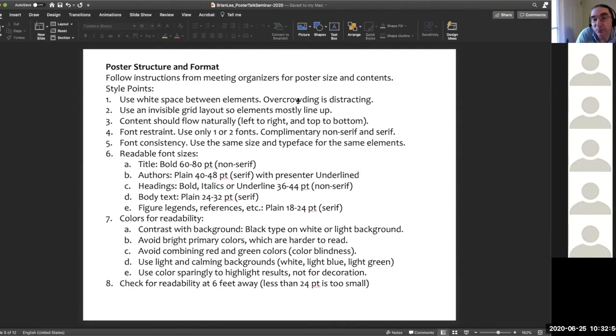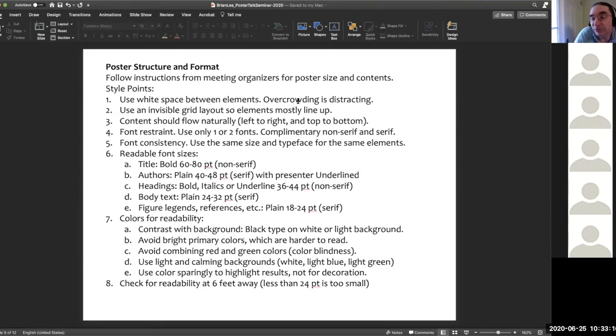They're going to tell you what size poster you're allowed to have. A lot of that will depend upon the space that they have available, and if they're using poster boards for everybody to put their posters on, it's going to depend upon the size of the poster boards that they're able to obtain.